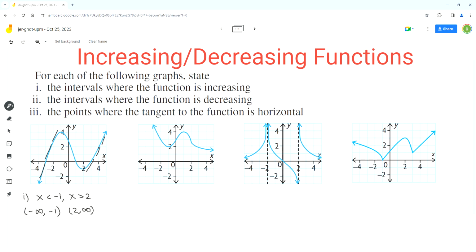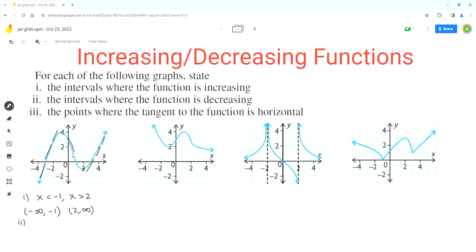Now we can answer the second question. We have to find the interval where the function is decreasing. And that's the interval in which if we draw a tangent to the curve, it will have a negative slope, or it would slope downwards from left to right. So that will be the part of the curve between x equals -1 and x equals 2.